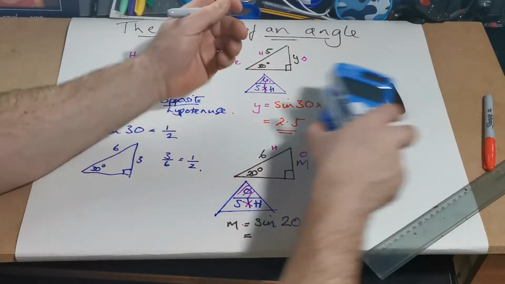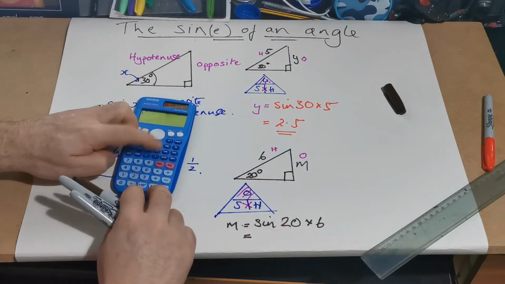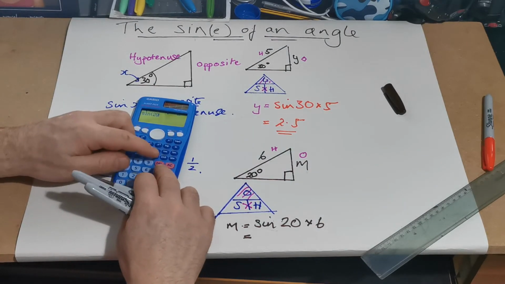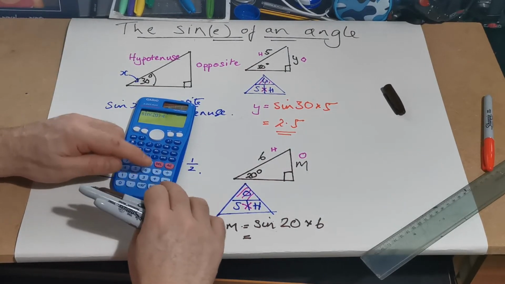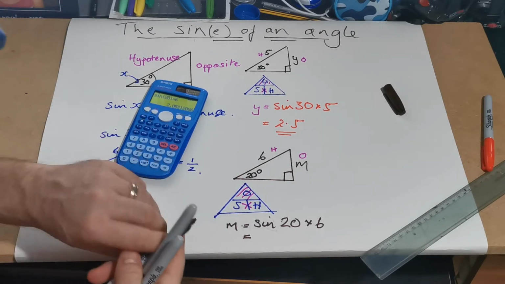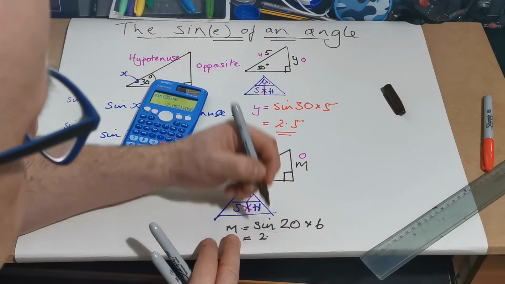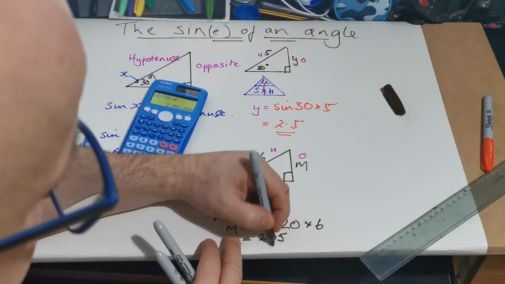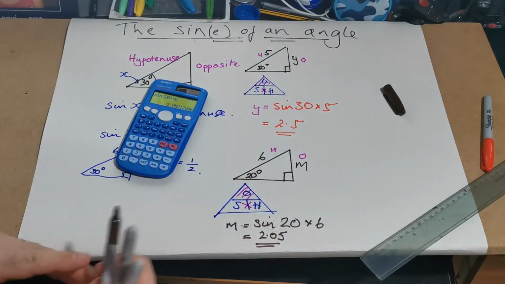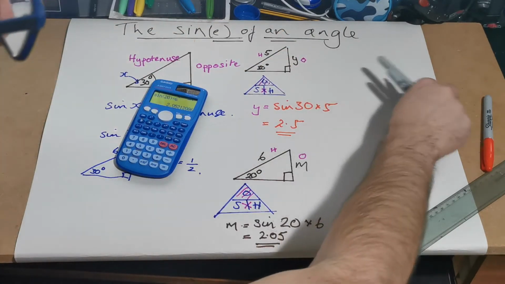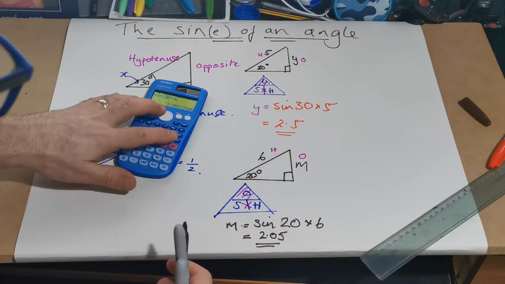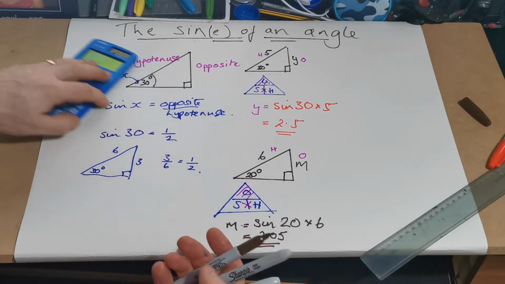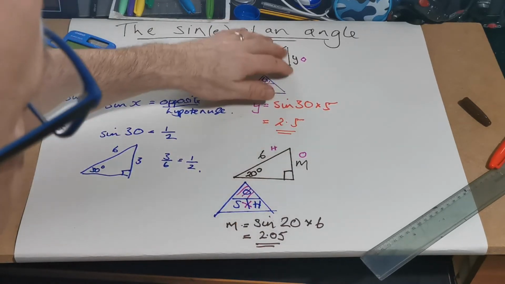Sine 20 times 6 is equal to 2.05, three significant figures. Like I say, it's only sine of 30 that really comes out as a nice answer. Everything else is horrid.